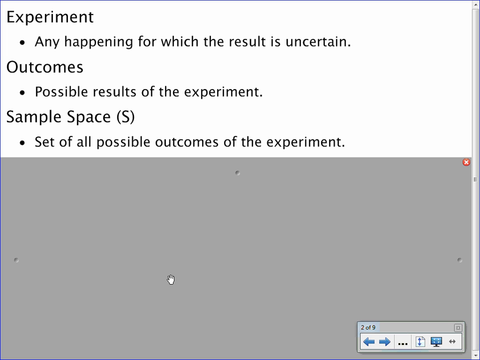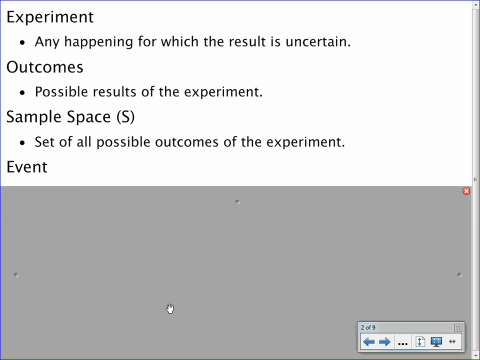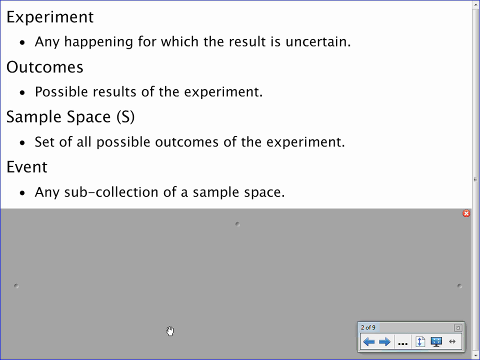Okay, the set of all possible outcomes is what we divide by. An event is any sub-collection of a sample space. You practiced finding some events yesterday in your homework. How many ways can we get a full house? That is a particular event.